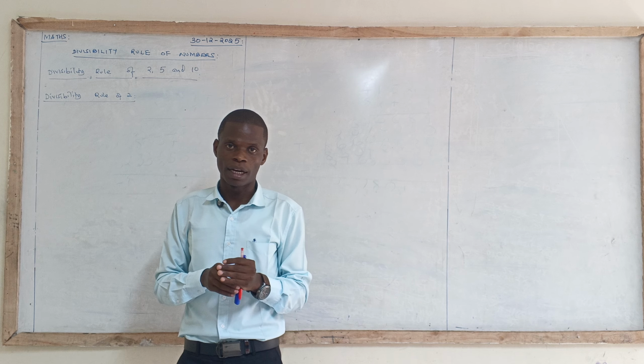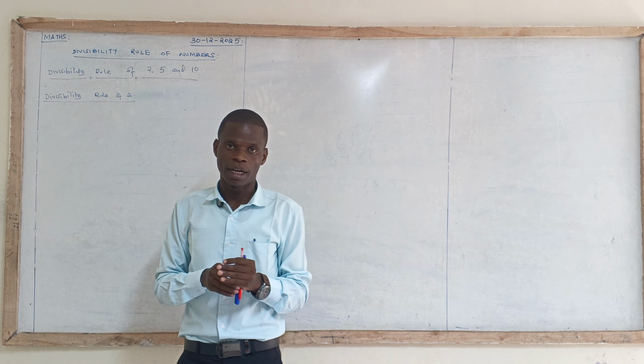Once you know that, come and say, solution. A, what do you have? 478. Is 478 divisible by 2? We don't need to divide this one by 2. We just need to test. So look at this. The last digit is 8. Is 8 among the values here?